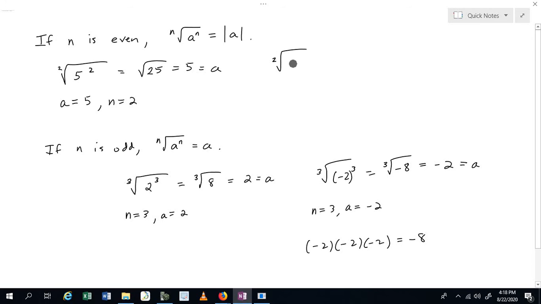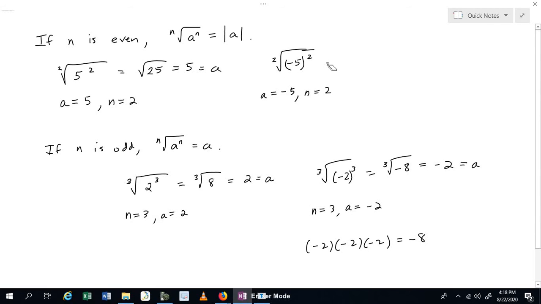So let's say you took the square root of negative 5 squared. Okay, so in this case, a is negative 5, right? A is the base, so it's negative 5, and n is 2, right? The exponent.